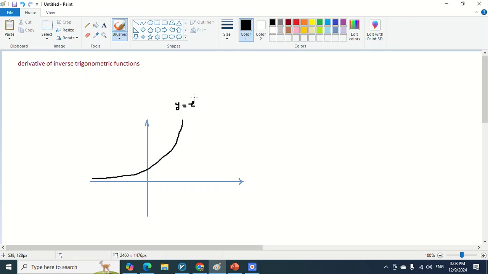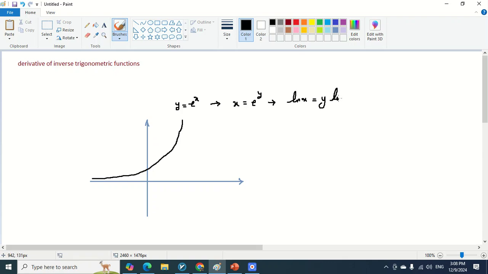And if I want to take a look at the inverse of this function, then I should change the place of y and x. Means that instead of y I will write x, and instead of x I should write y. Right now, if I take a logarithm of both sides of this equation, then ln of x is equal to ln of e to the power of y, or y ln of e.